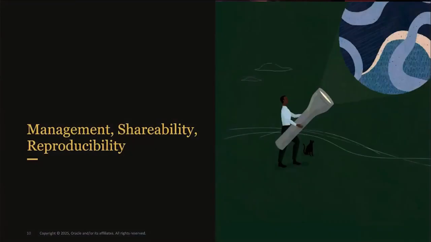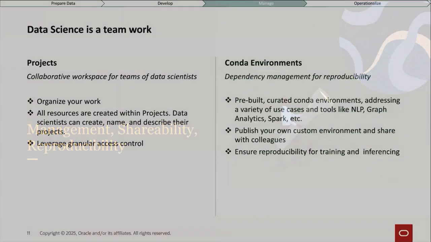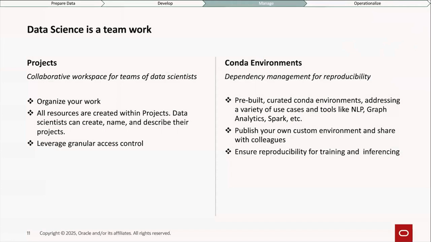Now we want to talk a little bit about managing and sharing. So projects is the largest resource bucket in data science, and it's basically a folder where you can put all the resources associated with a project.